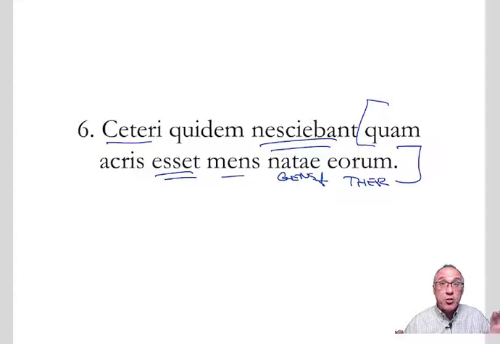A little forced translation because I want to keep the same word order in Latin, just so you don't get lost. We'll make it a little better in just a second.